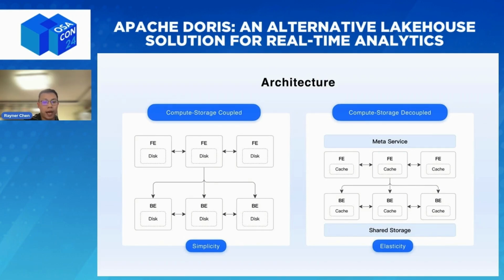You can simply add a batch of nodes in seconds or shut them down at any time when you don't need them anymore. And also, you can easily create multiple compute groups, one for data read and another for data write. So users can choose between these two architectures based on simplicity, performance, and elasticity.